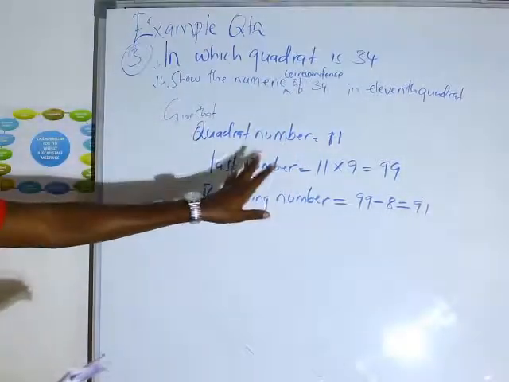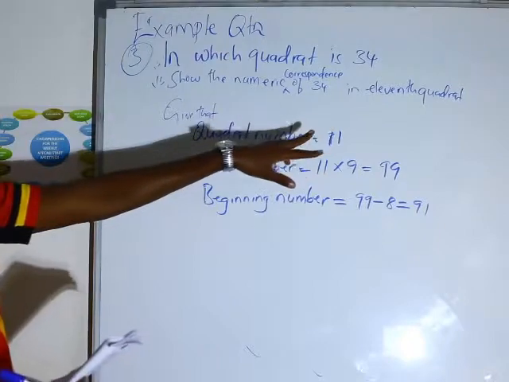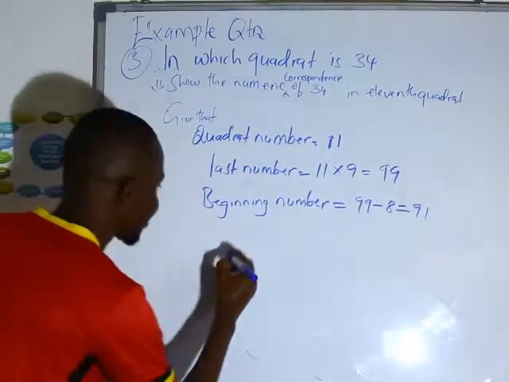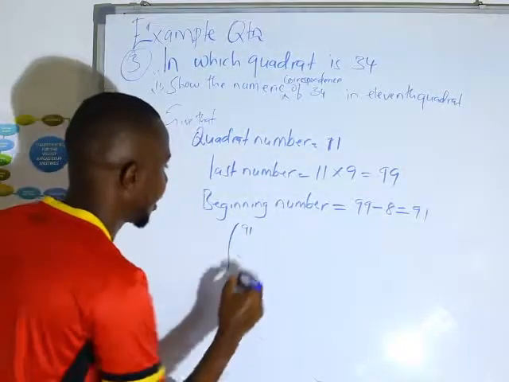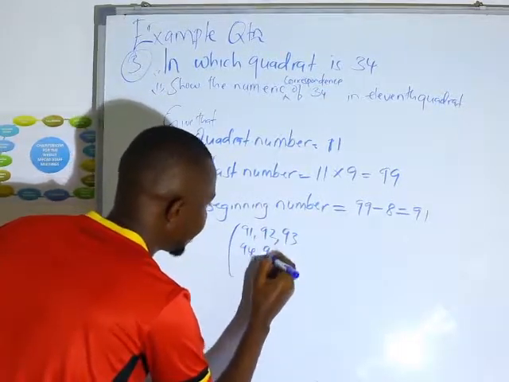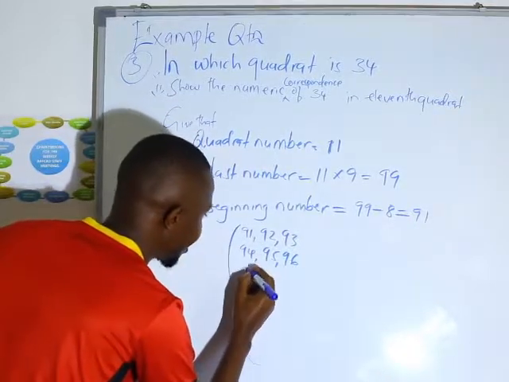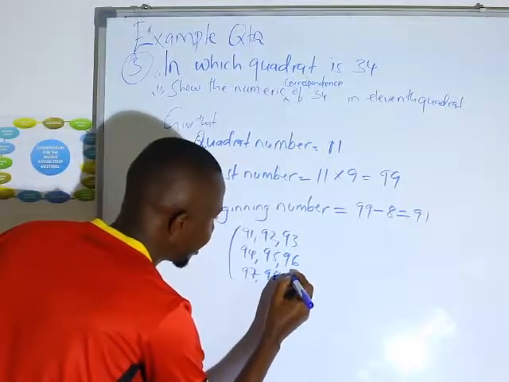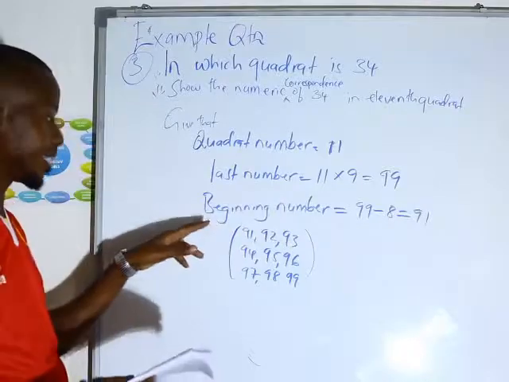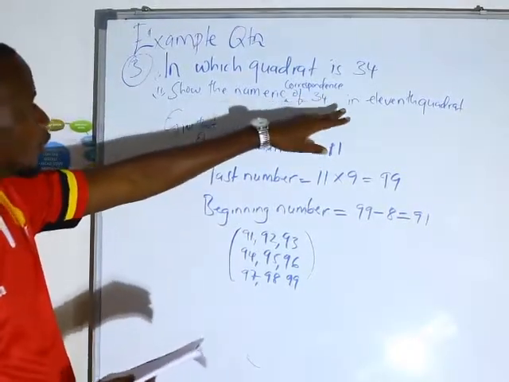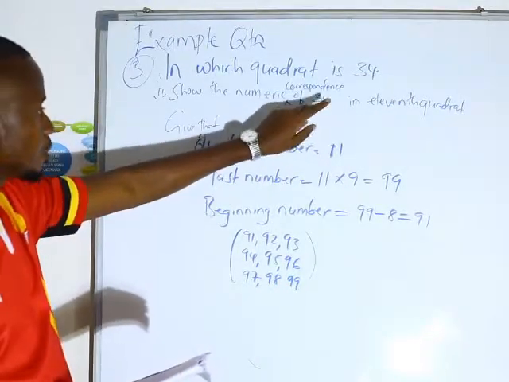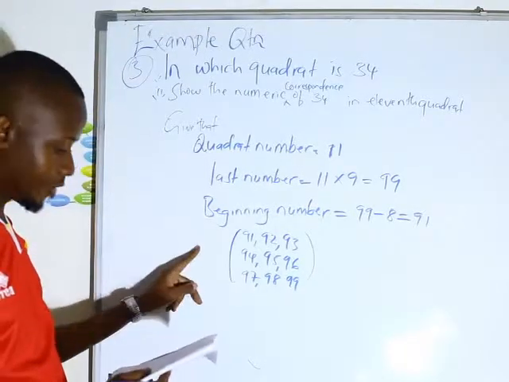So, since we have the beginning number and the last number in the 11th quadrant, we can list our 11th quadrant, which is 91, 92, 93, 94, 95, 96, 97, 98, 99. Have you seen? Our last number is 99 and our beginning number is 91. Now we have found the 11th quadrant. So we want to find the number which corresponds to 34 in the 11th quadrant.